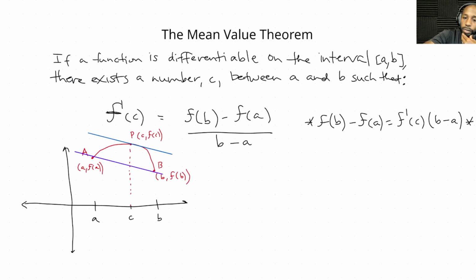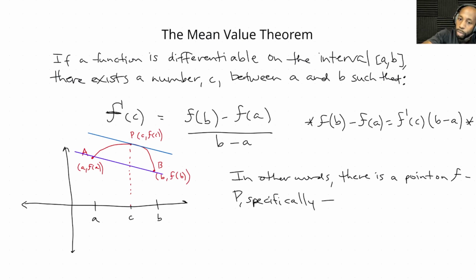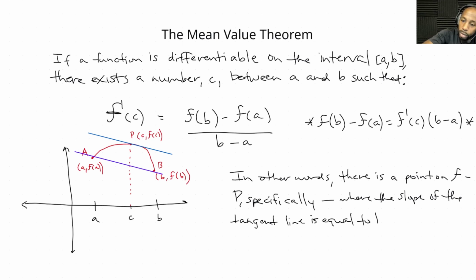So in other words, there is a point on F, and specifically P, where the slope of the tangent line, the blue line that I drew, is equal to the slope of the secant line.